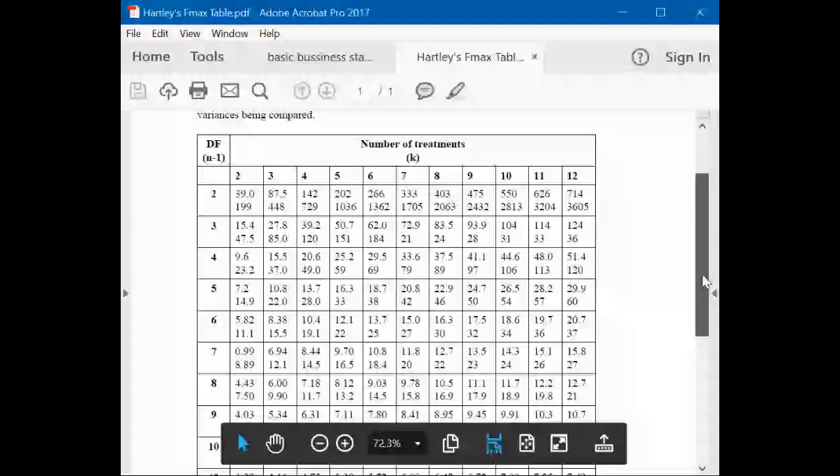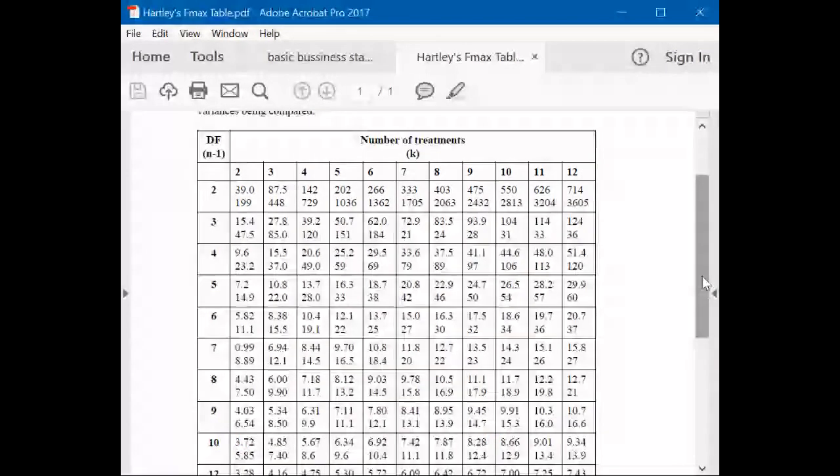Wait, Mangani, I'll come back to you. You have 3 and 7. What is the value, using 5%? I want to check if you understood when I was explaining this table. You have 3 and 7. What is the value?